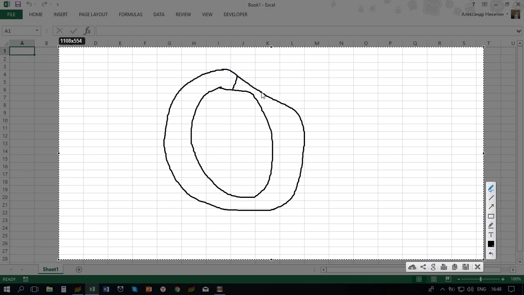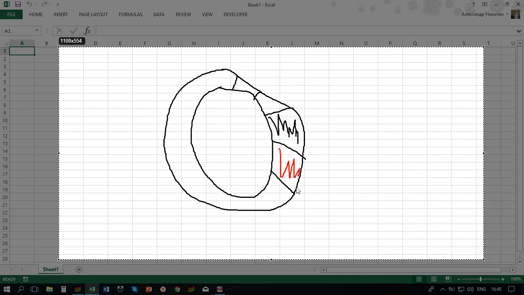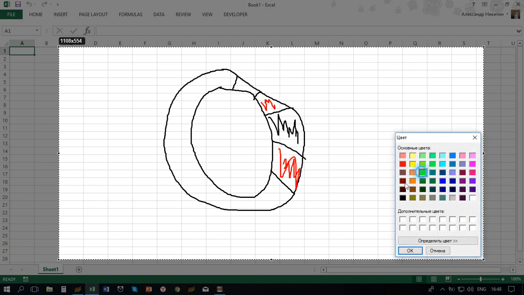Okay, it has some cells. Some of them are black, some of them are red, and others are green. So we have black cells, we have red cells. This is red, and we have green cells as well.